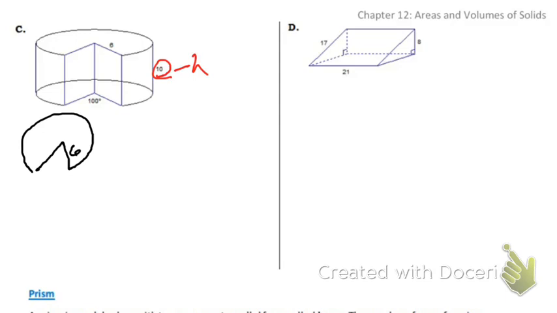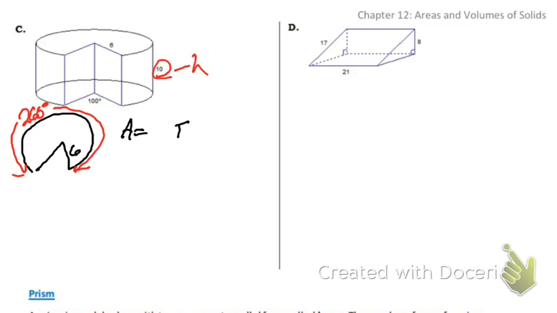Now it says inside of here is 100 degrees. But I'm not too concerned about that 100 degrees. I'm more concerned with the fact that it's 260 degrees is the actual measure of this. Because now when I do my area, our area is the area of the circle and how much percent of the circle I'm actually using on it. So the area of a circle is pi r squared.